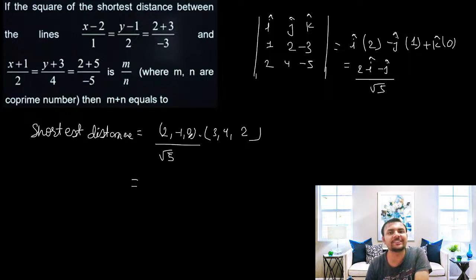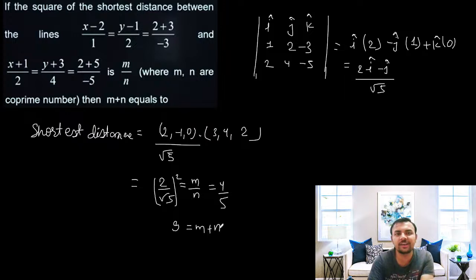So 6 minus 4, 2, 2 by root 5. This is the shortest distance, so this is m by n. They have told m and n are co-prime. So the square of the distance is 4 by 5, yes. So m plus n is 9. Got it?